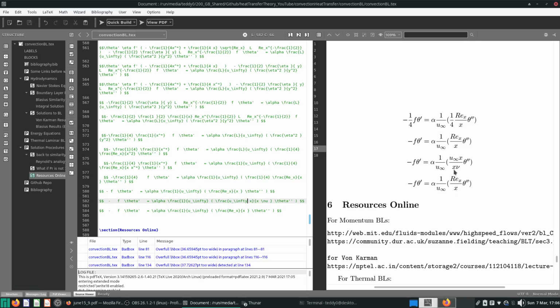U infinity and x cancel. Yay. So let's cancel those, and we will just get alpha over nu, and that is great because that is actually our inverse of the Prandtl number.